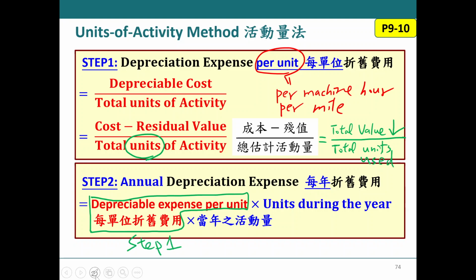I know per unit, so I'm going to times total units used for this year. Based on these 2 steps, I will note the numbers for this year.